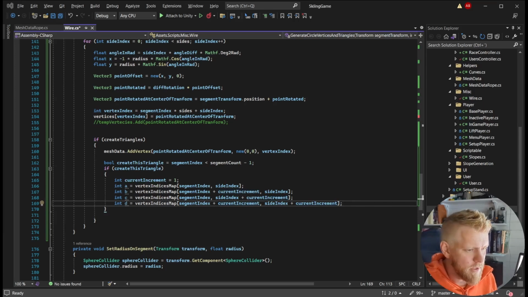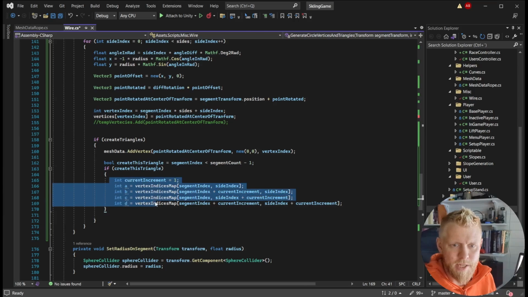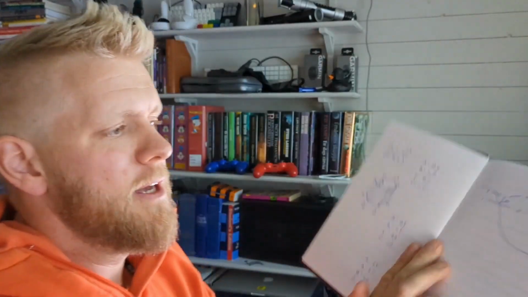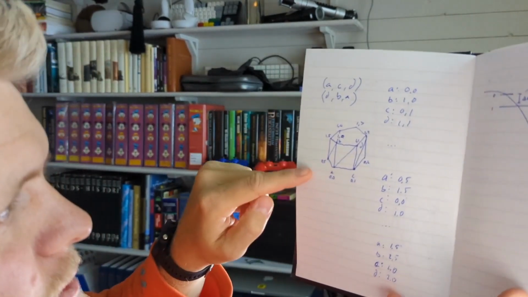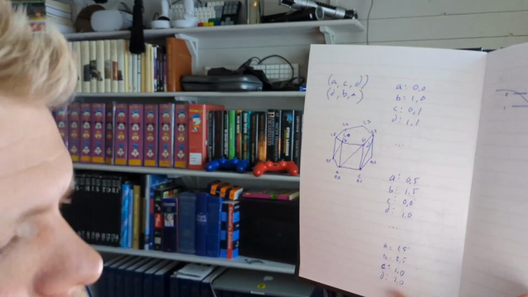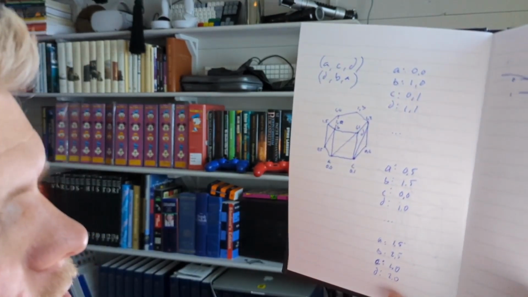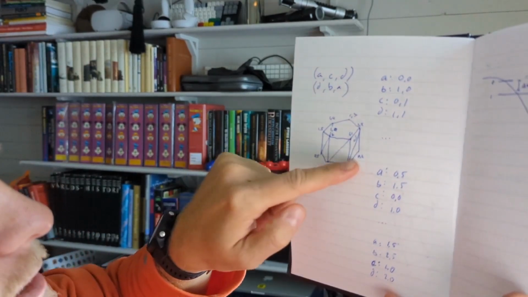Yeah, so let me try to explain what A, B, C, and D stand for. Let's see if we can get this. I have a drawing here. Let's see if you can see it. There we go. So we have a segment piece of the things we're creating. So here's the first segment.